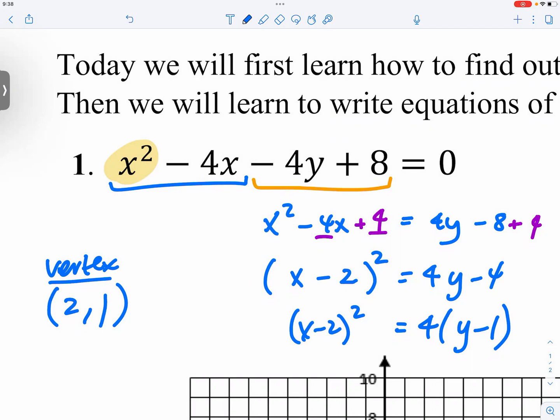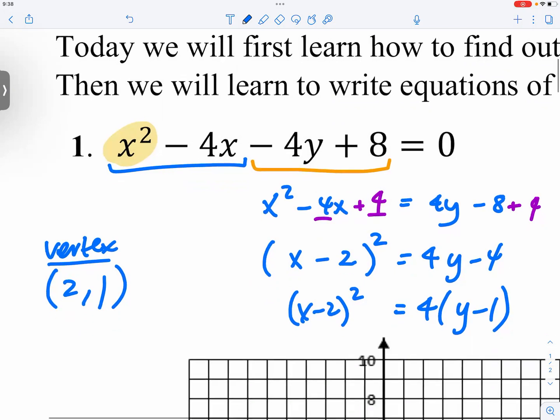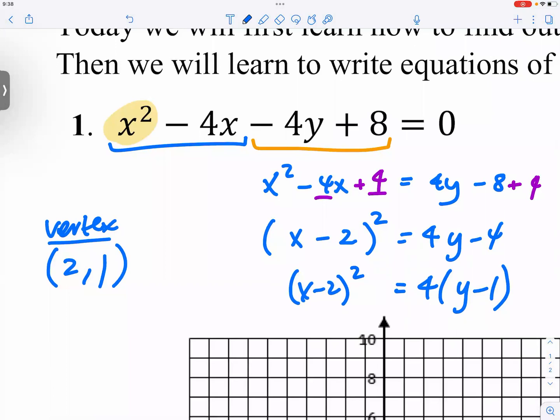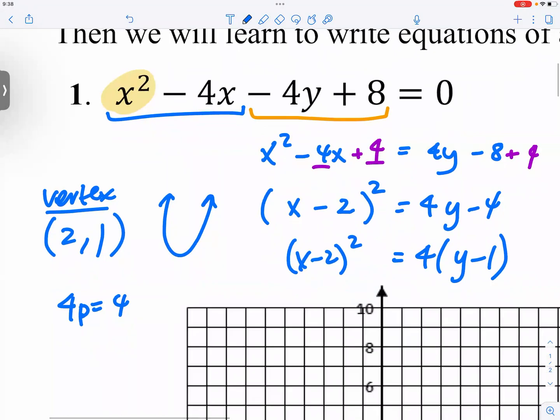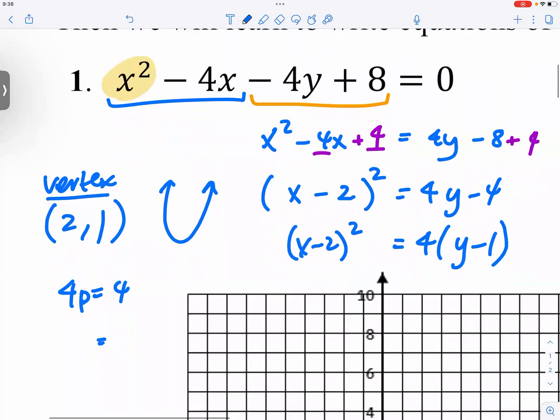So let's go ahead and change it to the standard form. And now we can tell the vertex, and in addition to the vertex, we also know that 4p is equal to 4. That means we have a vertical parabola that's opening up. And then we can also tell that p is equal to 1.